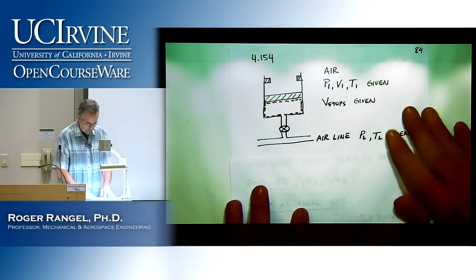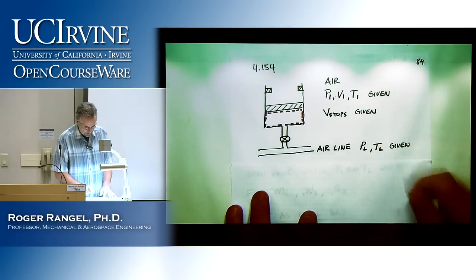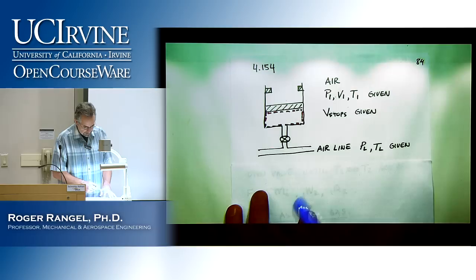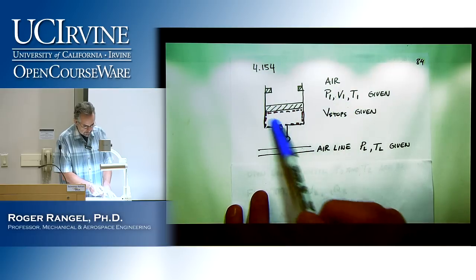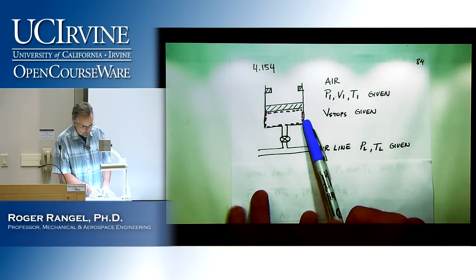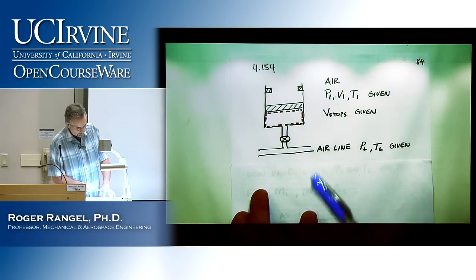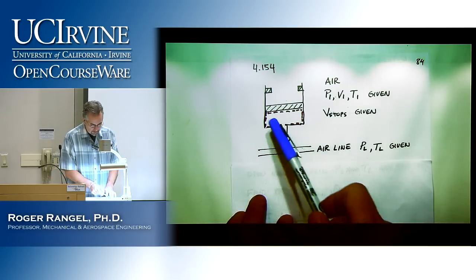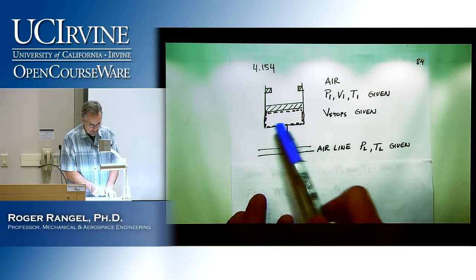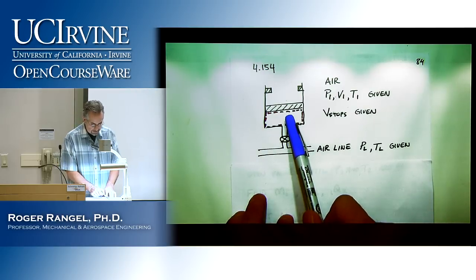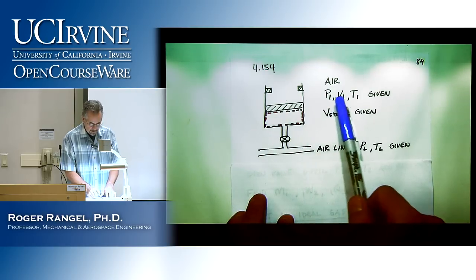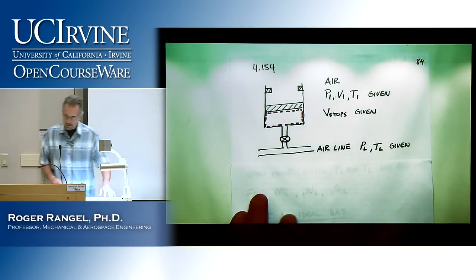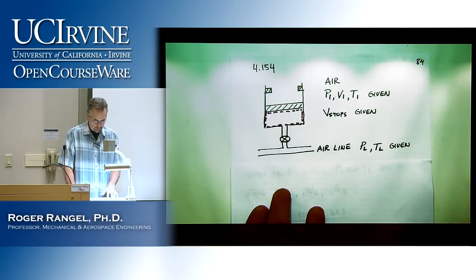All right. I also know the initial conditions of the air. You can see here I drew a red dashed line to denote the boundary of my system. So my system, or my control volume, is inside this dashed line. So it contains air initially, and I know the pressure, the volume, and the temperature of this air.